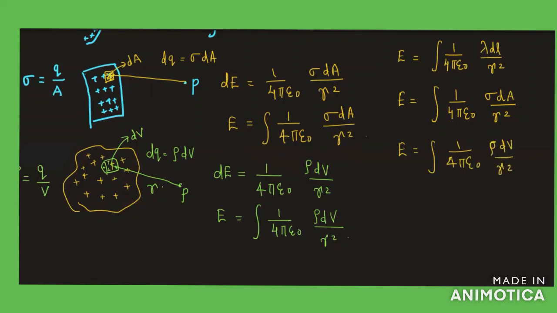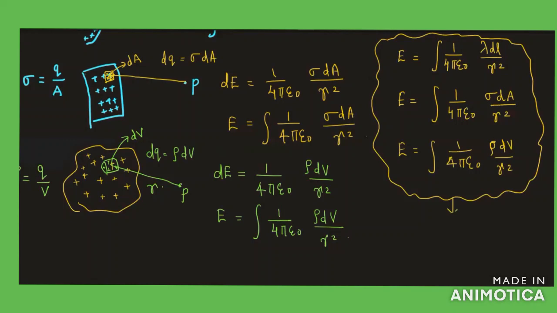And I have written all these three equations in their scalar form only, and if we need to write them in vector form, we have to multiply these magnitudes with a unit vector. Okay, I'm not going to do it here. So these three equations are based on Coulomb's law and superposition principle.